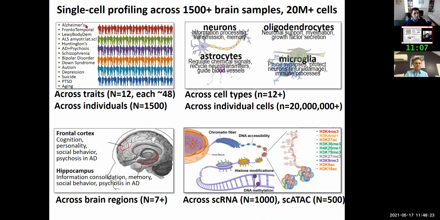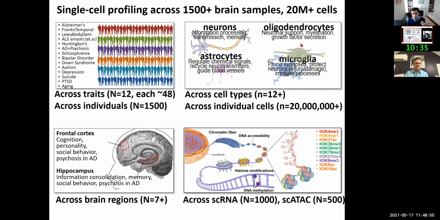We've looked at many different traits, including many brain-related diseases, such as Alzheimer's, frontotemporal dementia, Lewy body dementia, ALS, Huntington's, psychosis in AD, schizophrenia, bipolar, Down syndrome, autism, and many other disorders, as well as obesity and metabolism and cardiac disorders, at single cell resolution across thousands of human postmortem samples, as well as living brain from epileptic surgery and living heart from open heart surgery.